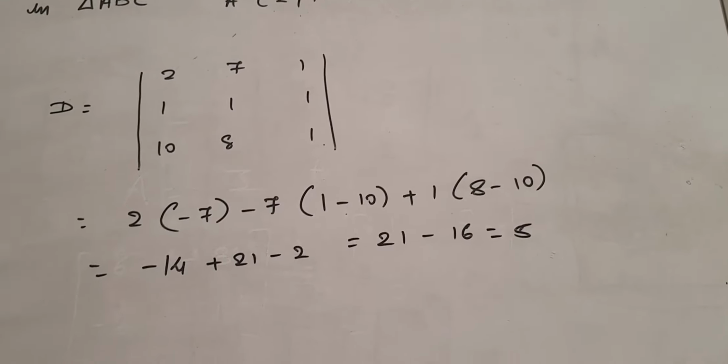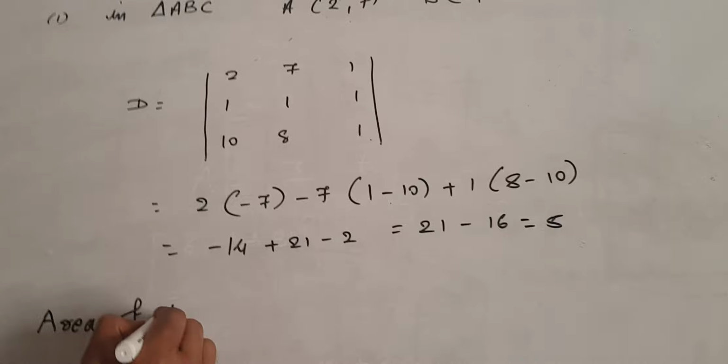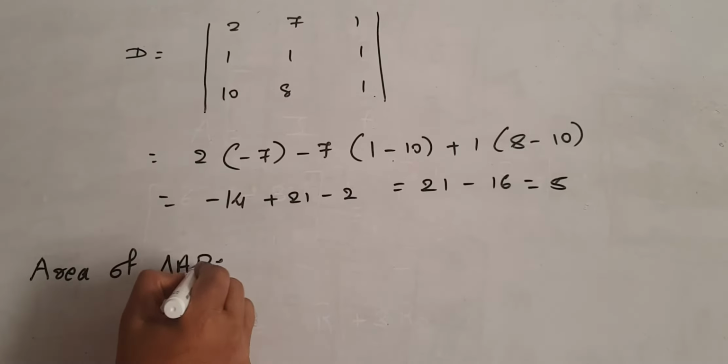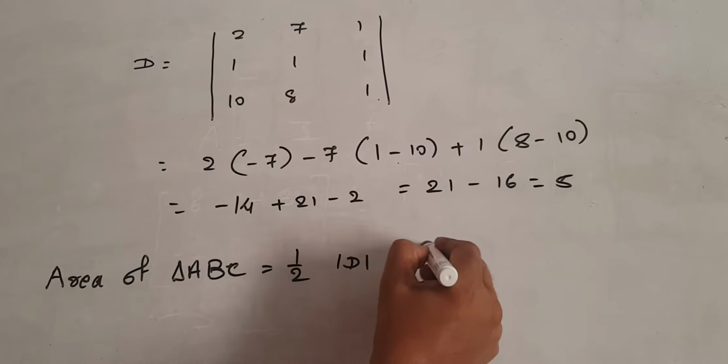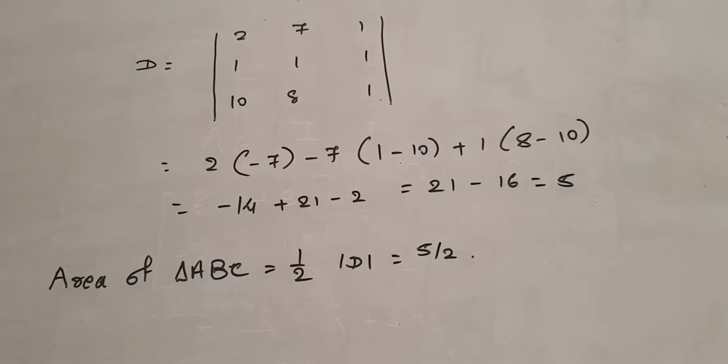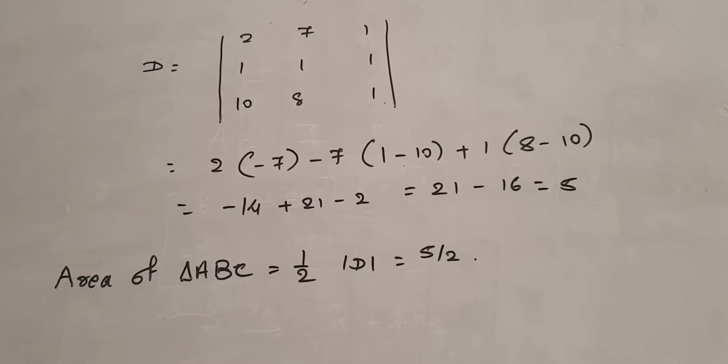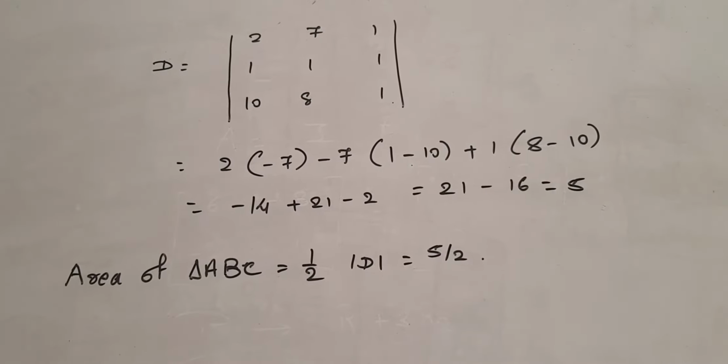So area of triangle ABC is half modulus of D. So it becomes 5. This is a sum of exercise number 4.3.